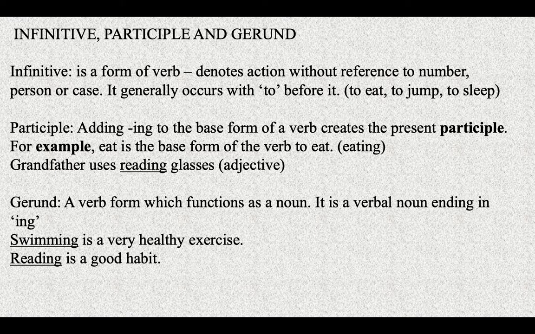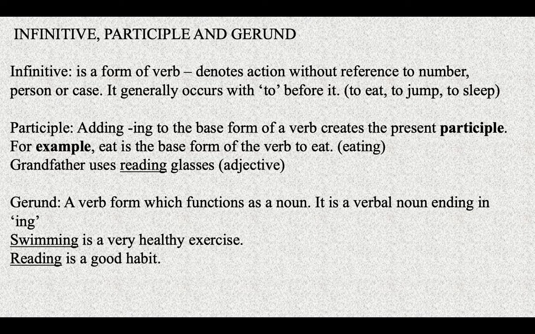The ing form of the verb used as an adjective. Be careful, class, we're talking about a verb being used as an adjective. A verb being used as a noun is a gerund. A verb being used as an adjective is known as the present participle. For example, here grandfather uses reading glasses.